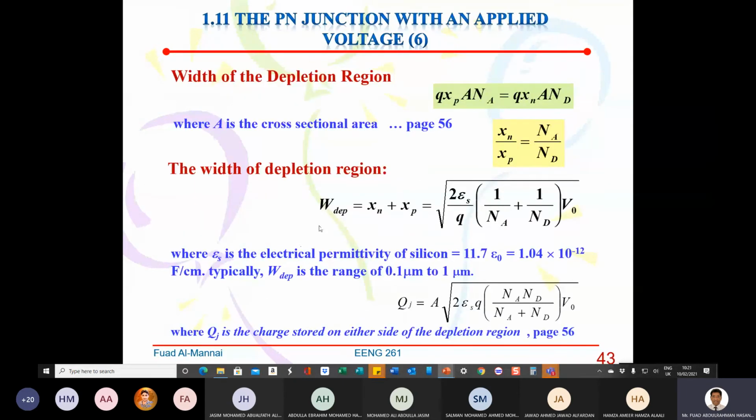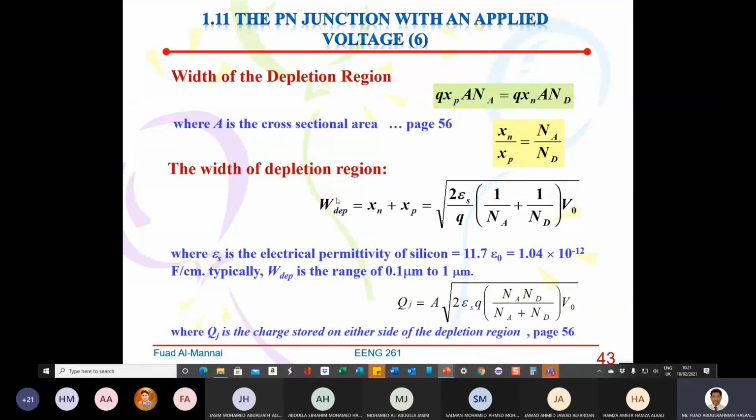All right. So Xp plus Xn is equal to the square root of 2 epsilon over q, multiplied by 1 over Na plus 1 over Nd, multiplied by V0, which is the built-in voltage. The epsilon here is called the electric permittivity of the silicon, which is about 1.04 times 10 to the power minus 12.